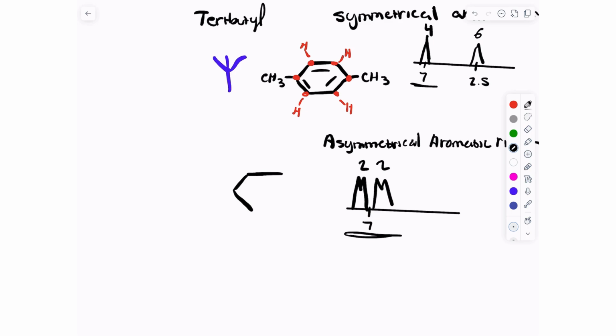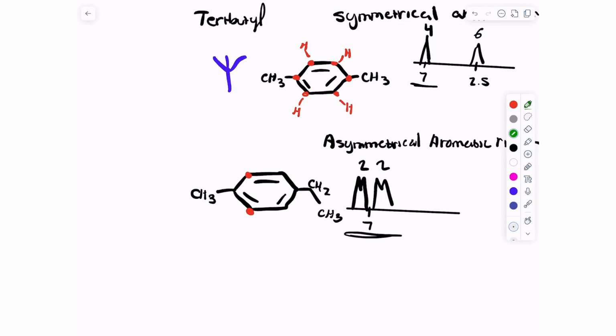Let's say, for example, I'll draw it similar to the one that we just did. You've got a CH2, an ethyl on this side, and a methyl on this side. So now this is not symmetrical. These sides are not the same. These 2 protons here, they're the same.